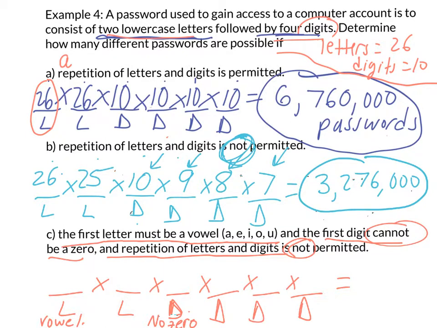Okay, so looking at the first letter spot, we said the first letter of our password has to be a vowel. And even though I'm just going to pick one of the vowels, remember the trick here is that it's the total number of choices that I use in my calculation.